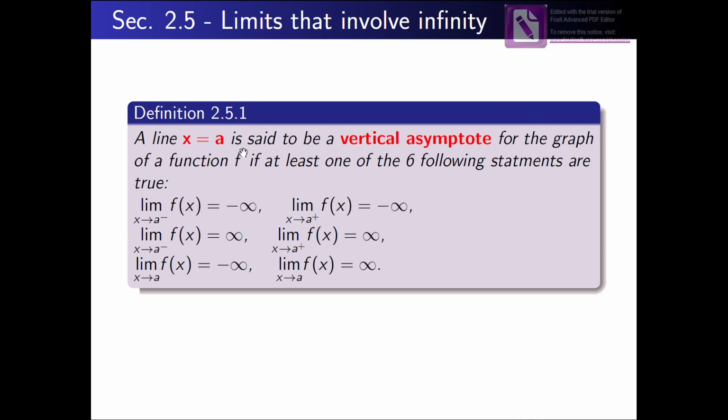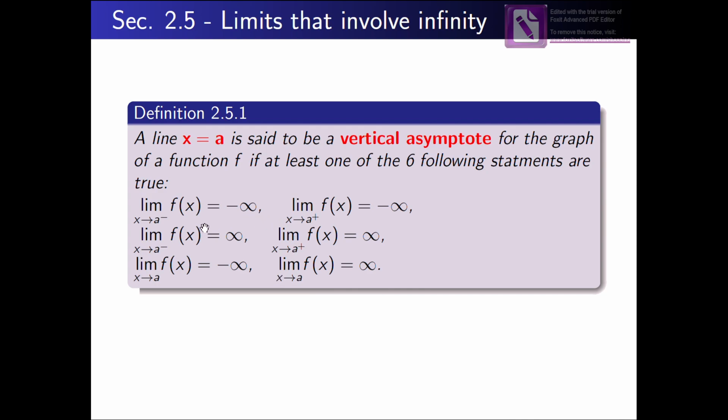A line x equals a is said to be a vertical asymptote for the graph of a function f if at least one of the 6 following statements is true. The limit of f(x) when x approaches a from the left is equal to minus infinity, or the limit of f(x) when x approaches a from the right is equal to minus infinity, or the limit of f(x) when x approaches a from the left is equal to infinity, or the limit of f(x) when x approaches a from the right is equal to infinity, or the limit of f(x) when x approaches a is minus infinity, or the limit of f(x) when x approaches a is equal to infinity.